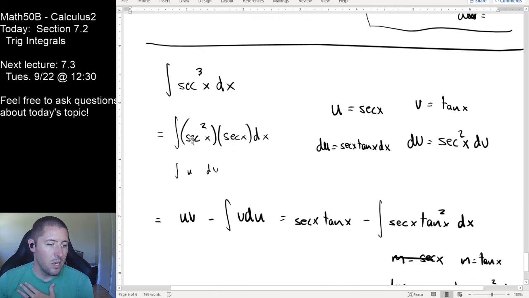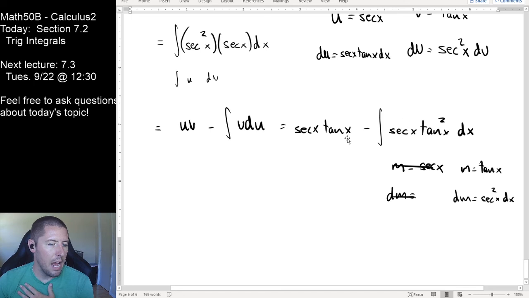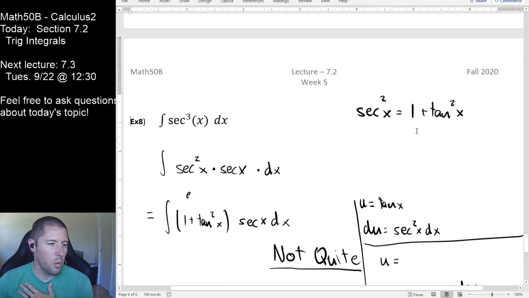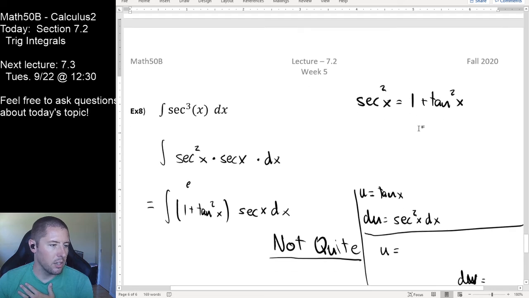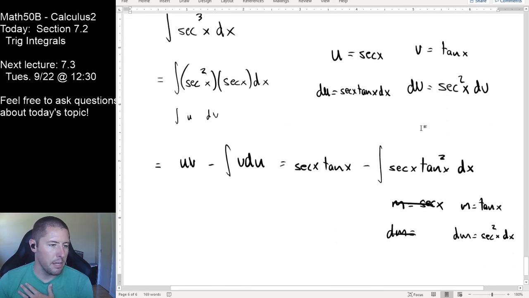I didn't want to use that swap right here because it would have prevented me from setting up my integration by parts. But now that I've set up my integration by parts, maybe it's helpful for me to swap out tangent squared of x for, so tan squared x should be secant squared minus 1, as it looks like the swap I could allegedly make here.